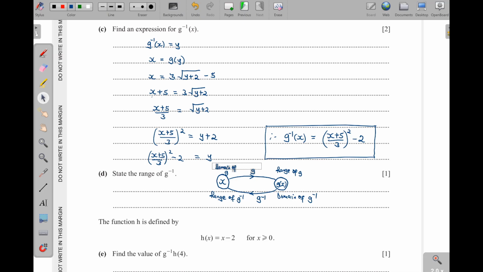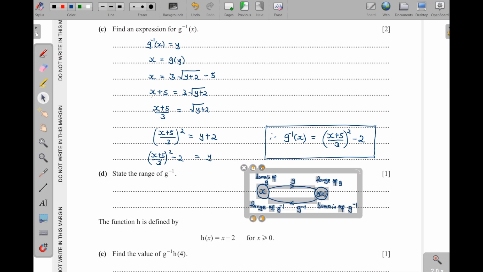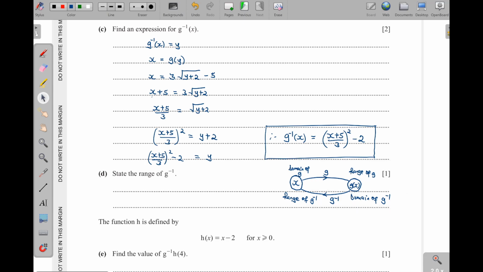You see that? So meaning right from here, they want the range of this. The range of g inverse is equal to the domain of g. But range is given in terms of what?